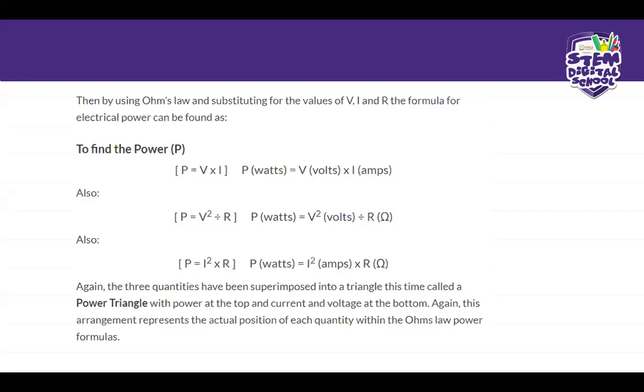Again, this arrangement represents the actual position of each quantity within the Ohm's law power formulas. So Ohm's law plays a very important part when it comes to this section of electricity.